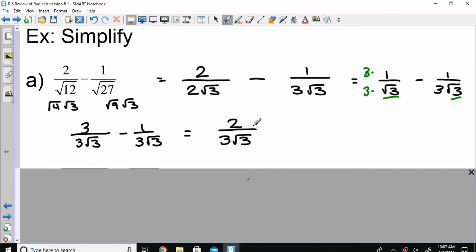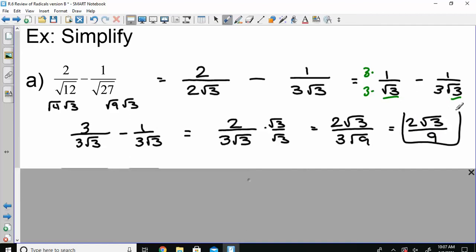The square root of 3, right? So I get 2 radical 3 over 3 radical 9. Square root of 9 is 3, so that means 3 times 3, which is 9.